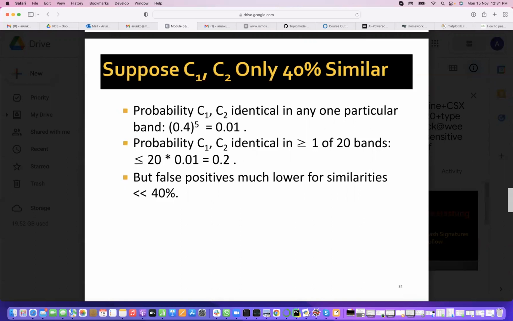But even though they are 40% similar in this formulation, they are coming into the same buckets because of this probability. So you will have false positives, but false positives are much lower for similarities less than 40%. Here you are getting a 20% chance even though they are not similar. So for 40% similar things, 20% of the time they are reported as similar.